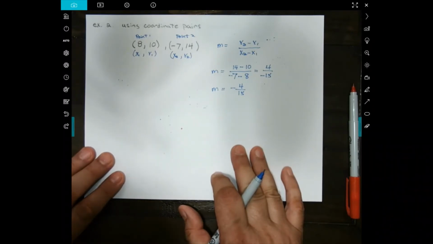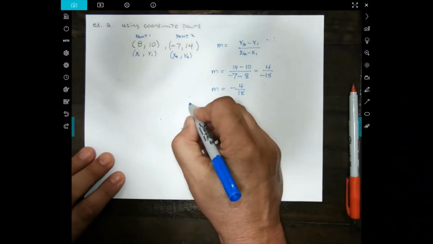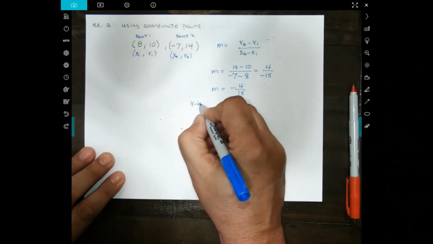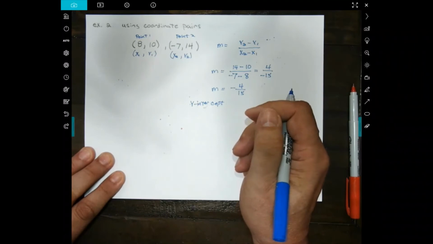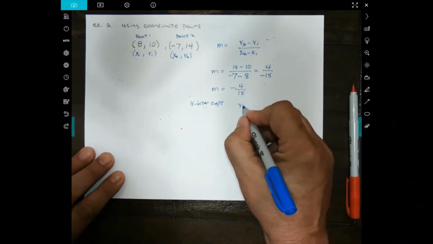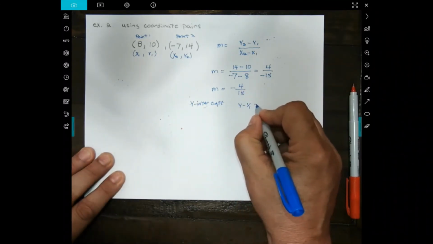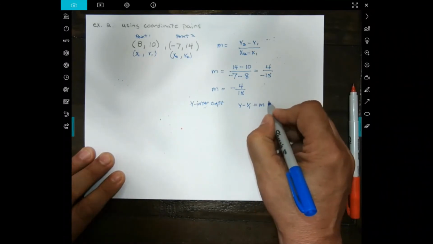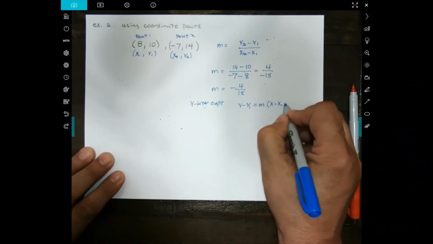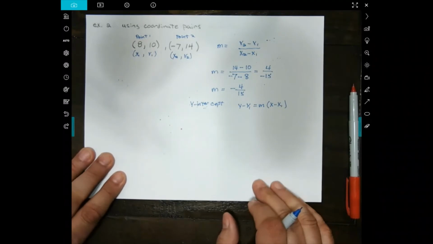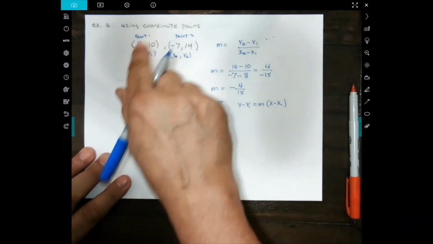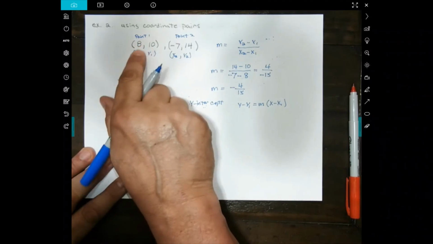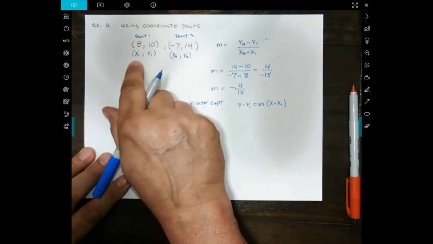Now, if I would like to find the y-intercept, I need to use my point slope formula of y minus y1 equals my slope times x minus x1. I can pick either one of these points. I need an x1 and y1, so this is what I chose as point 1, so I'm just going to continue with it, x1 and y1.